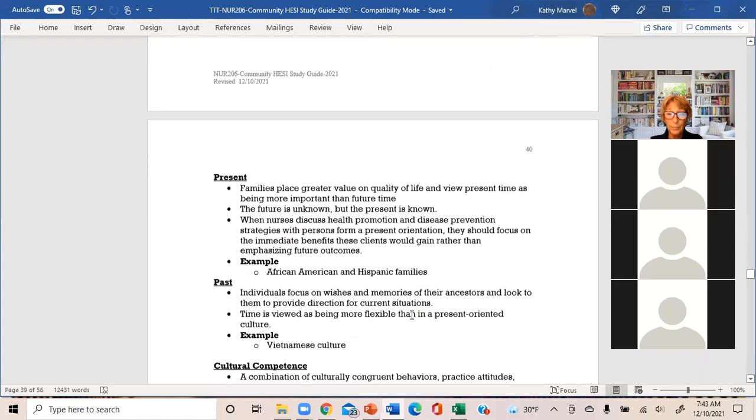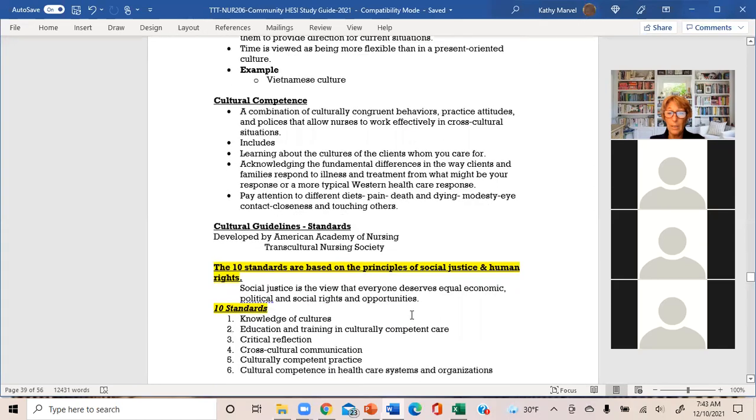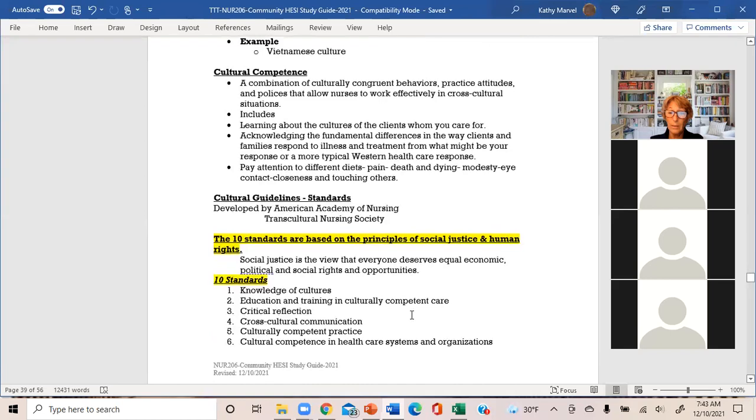Do you remember all that? And then here's cultural competence, right? And the 10 standards are based on the principles of social justice and human rights.